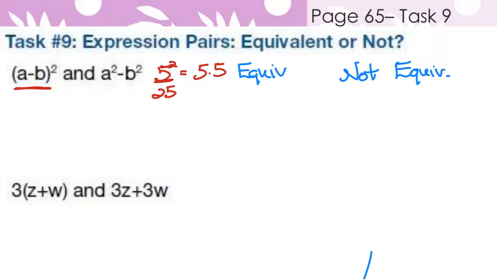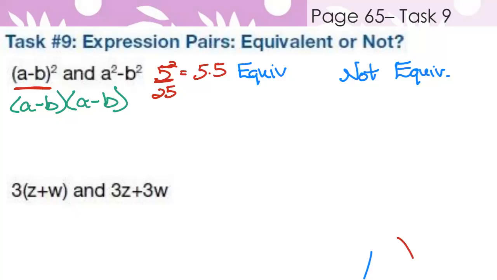A minus B, and if I square that and write it out, it would be A minus B times A minus B, right?